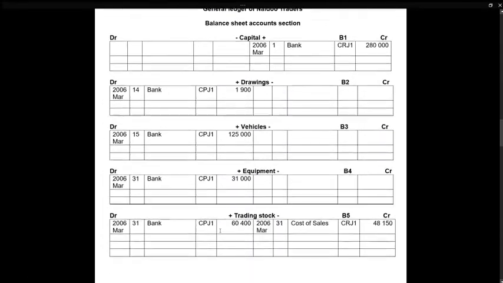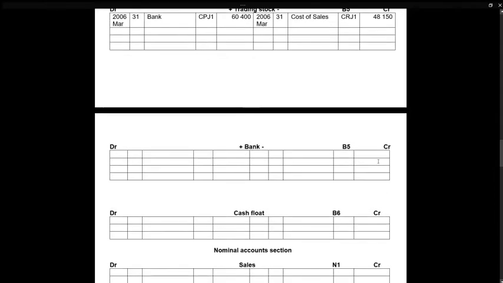So my bank will decrease with that amount. I got this information from my CPJ1. My details will be total payments or sundry accounts.